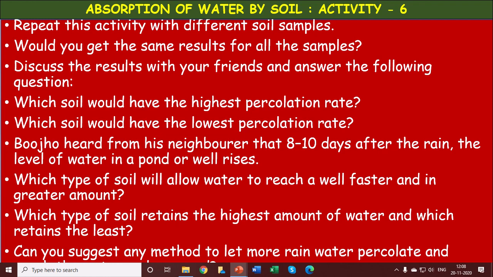Which type of soil will allow the water to reach a well faster and in a greater amount? The soil with clay particles or with more silt can retain the highest amount of water. The least amount of water is retained by sandy soil.